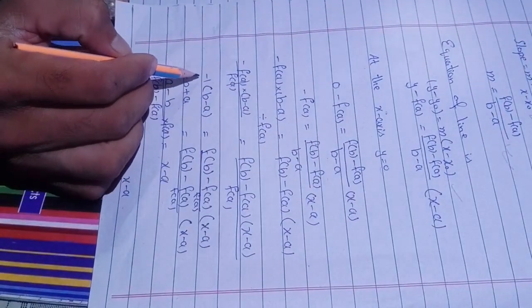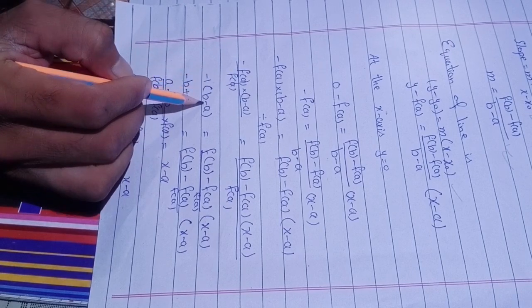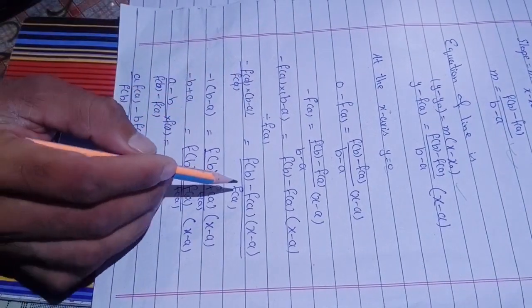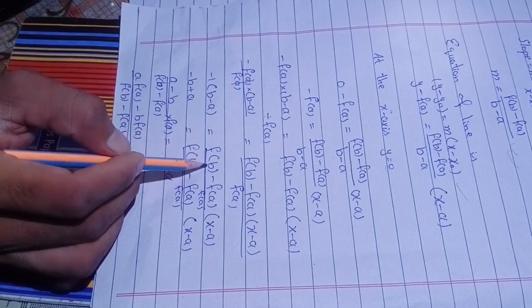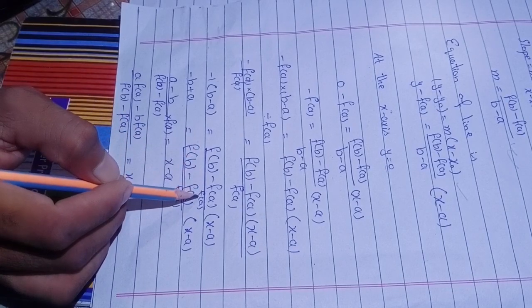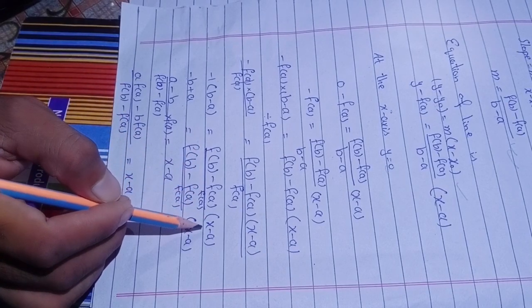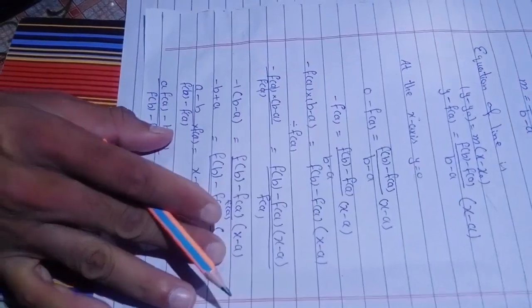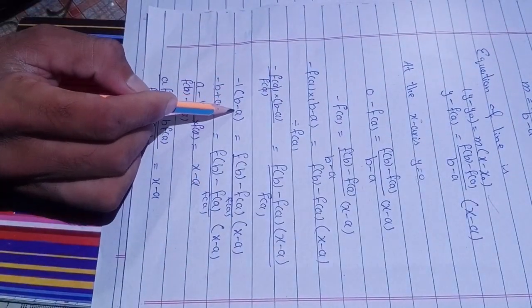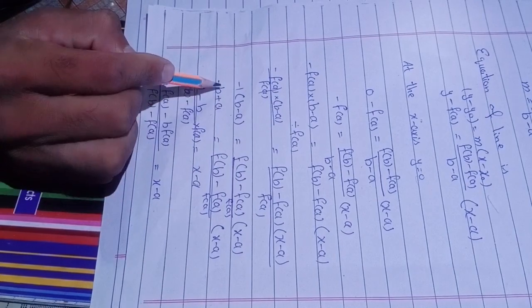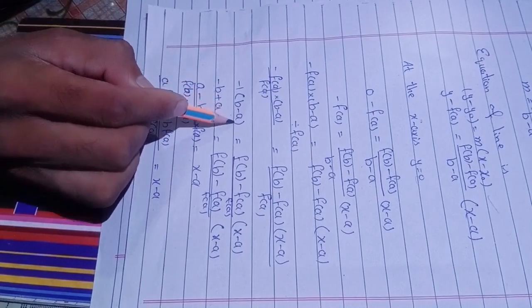We will finally get minus b minus a into f of a equal to f of b minus f of a divided by f of a, into x minus a. Minus 1 is multiplied into minus b plus a.